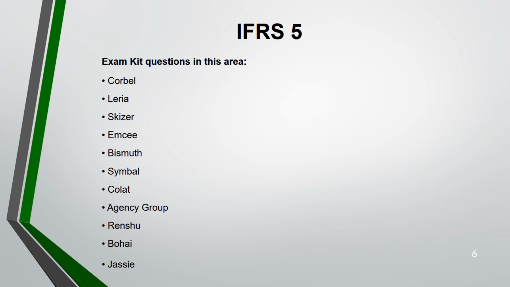So investment property, intangible assets, non-current assets held for sale, borrowing costs, government grants, all these are various types of different assets, and all the standards are covered in these questions. It is not just IFRS 5. That's why you will see there are so many questions, and it's best to do all of them to get a handle on your non-current assets section.